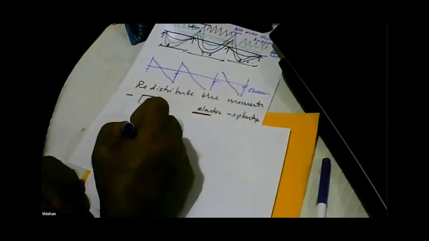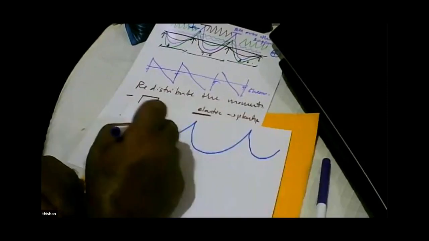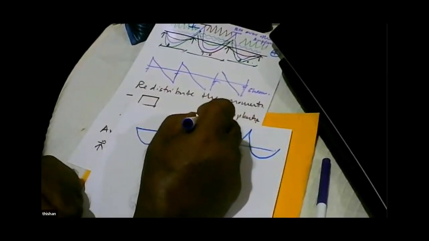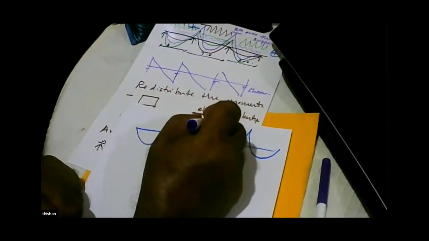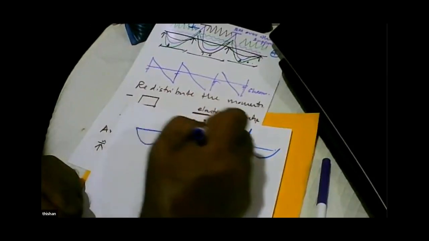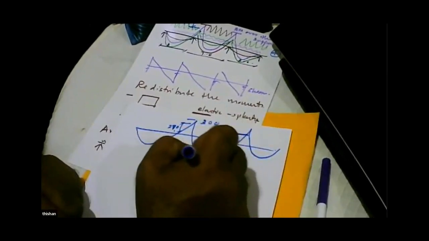So what happens? I have a bending moment diagram going like that. Let's say the value is 300. I'm going to design it for 270. And I'm going to design this for 270. Then what will happen to this moment?